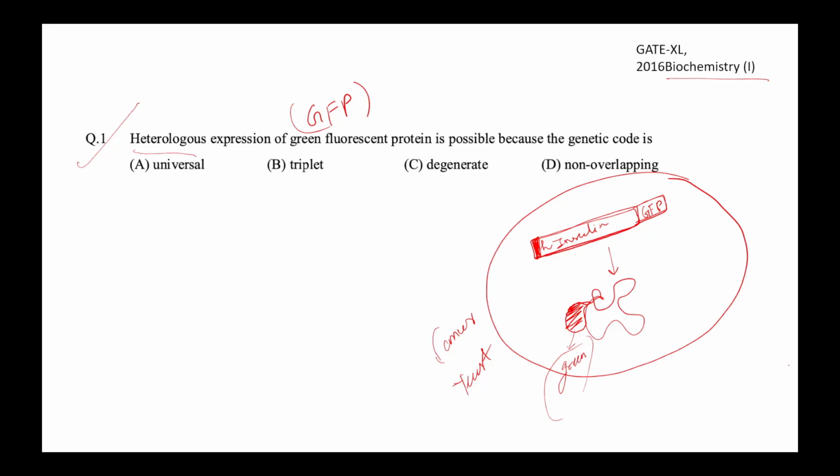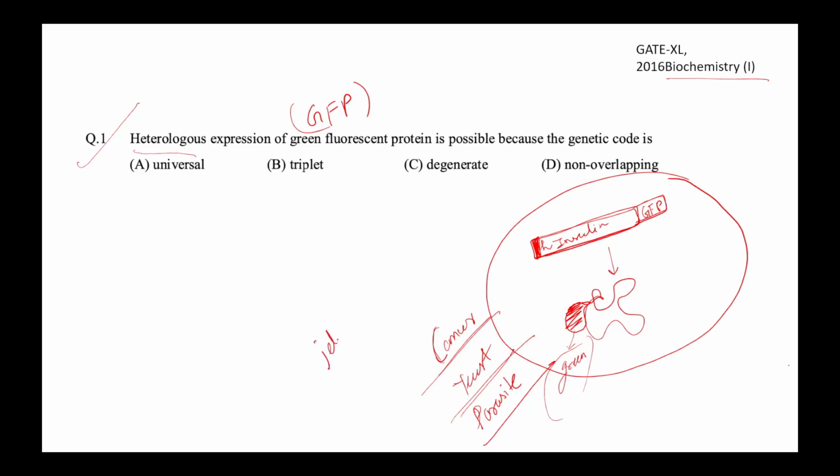Suppose I'm studying a cancer cell, a yeast cell, a parasite line, or anything. There, if I'm going to use the property of GFP with my protein, that means this GFP should be able to be produced in a different organism.